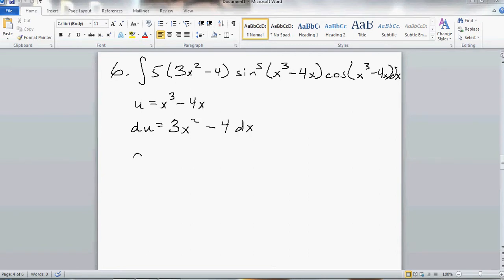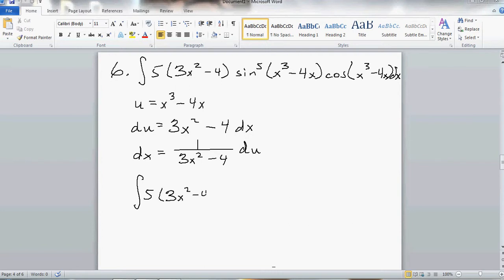And so dx would equal 1 over 3x squared minus 4 times du. So let's see what that gives us. The 5 is going to remain. The 3x squared minus 4.